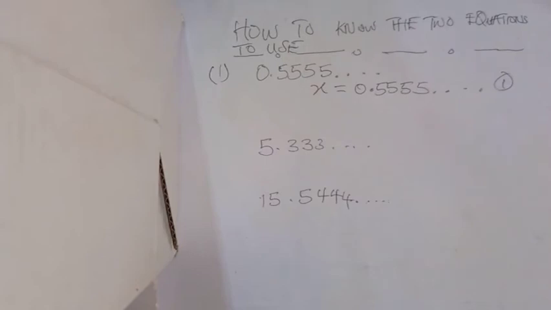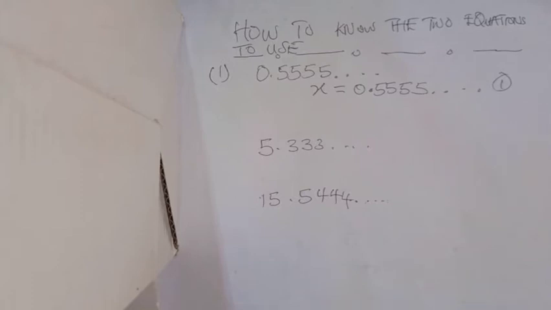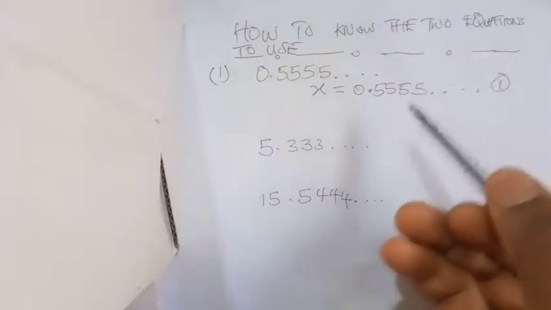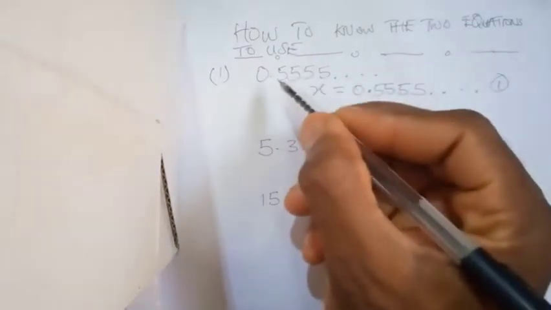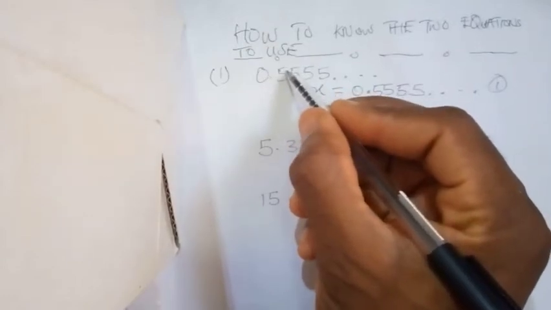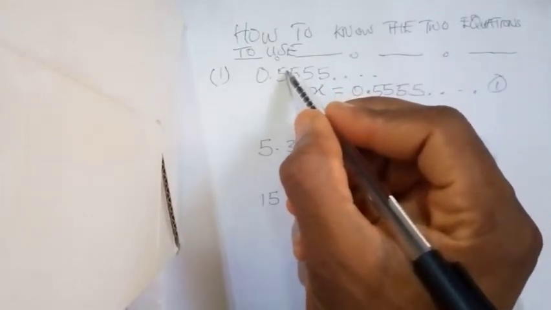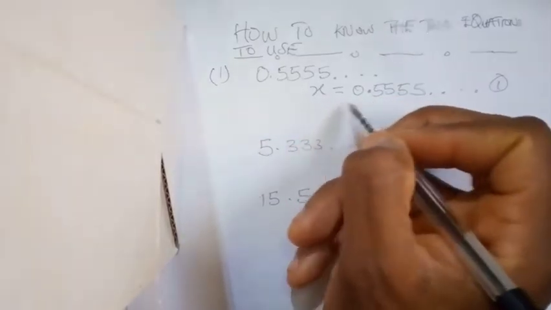Now the idea here is this. What is left at the right hand side after moving the decimal point must be equal to what is left at the right hand side of the previous equation, so that when they subtract each other, it becomes 0. Once the decimal point moves a step further, you generate the second equation, which is more or less like multiplying the first equation by 10.